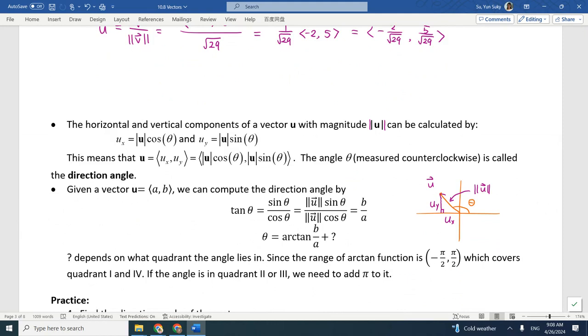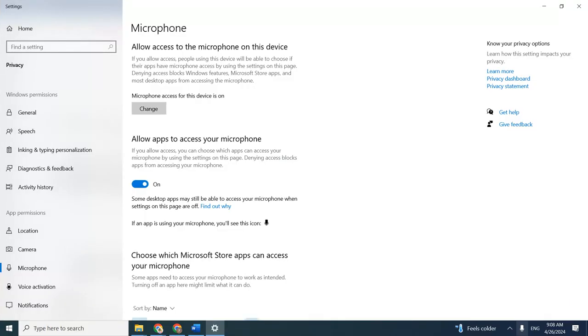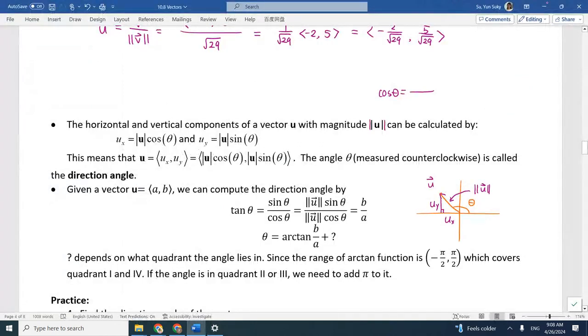Now, remember, what is cosine theta? Opposite, adjacent, hypotenuse. Cosine theta is adjacent over hypotenuse. What is adjacent? Adjacent is ux.